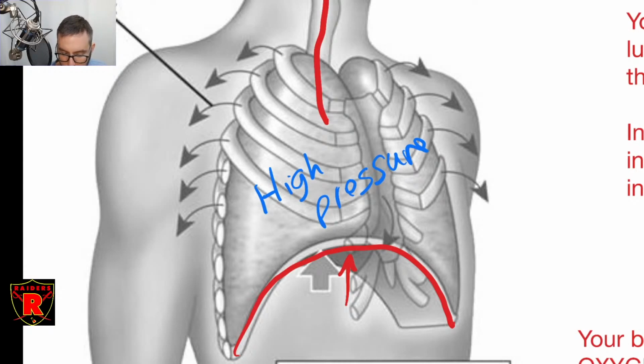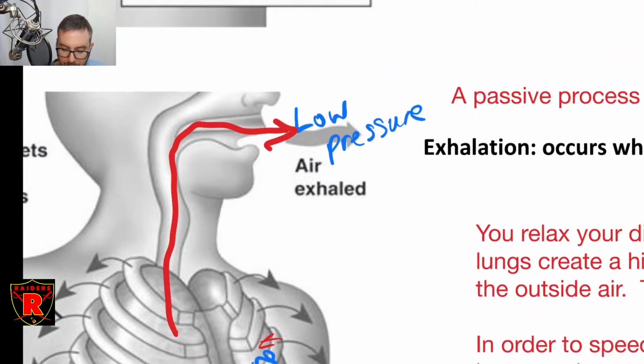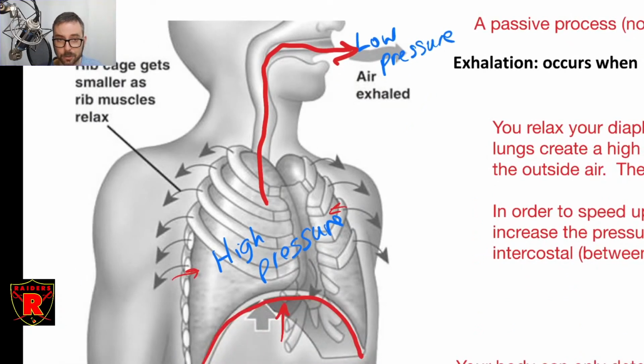When you relax the diaphragm, you're letting the diaphragm fall back into position here, and also the lungs are going to be doing a little bit of squeezing here. And that's going to cause a high pressure zone to form inside the lungs relative to the outside. And then that is going to be forcing air outside because there's a relative low pressure area outside. And air is always going to flow from high pressure to low pressure.